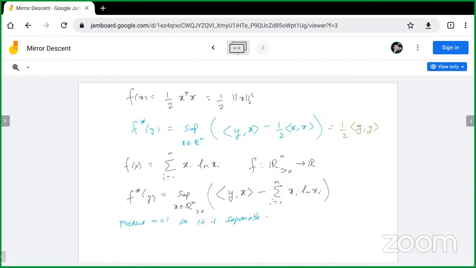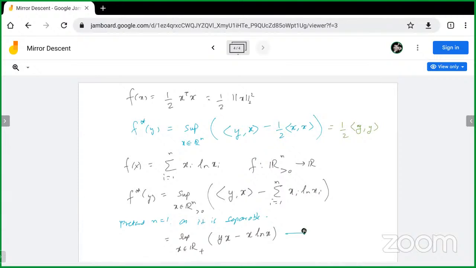Okay, so then there's just suprema in our yx minus x log x. Okay, and now we have to do some calculus tricks. But I'll just write the answer.